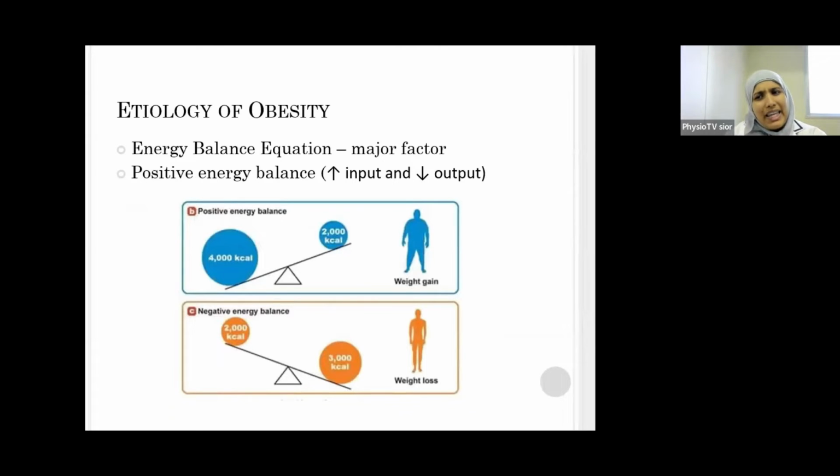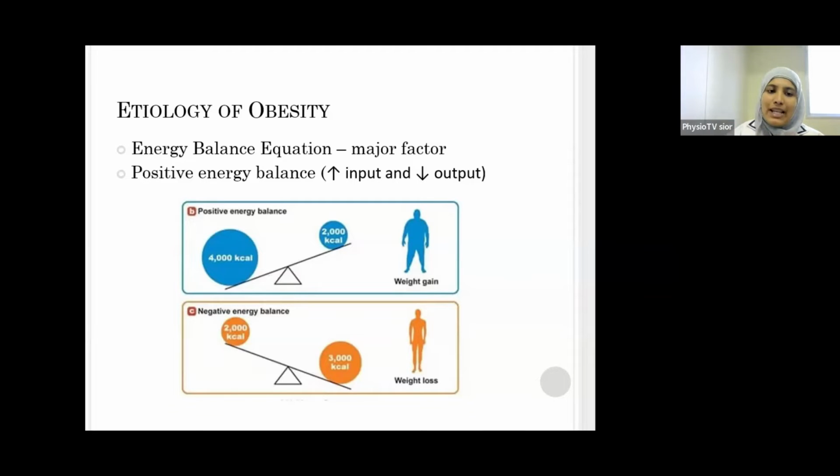Let's look into why exactly obesity occurs. So, etiology of obesity. The major chunk lies in the energy balance equation. Whenever we are talking about the energy balance equation, we are talking about a positive energy balance and a negative energy balance. As you can see in the picture, the positive energy balance is when your calorie intake is more than your expenditure.